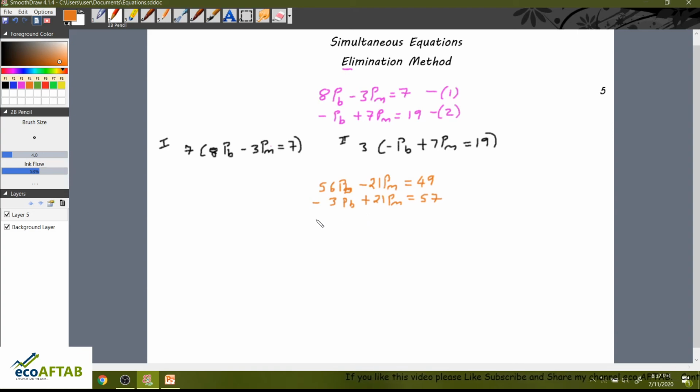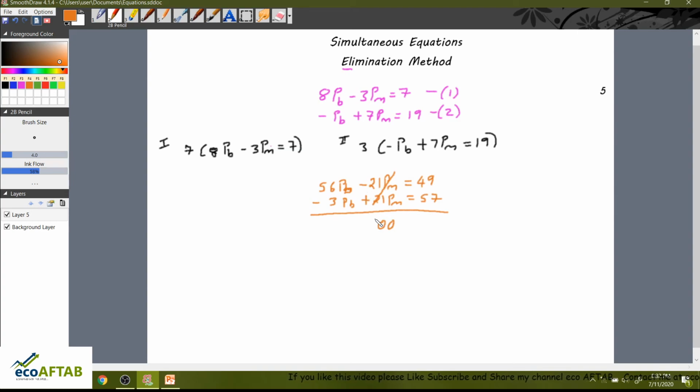Now when we are solving these two equations, we need to add up these two equations. In this case, you can see minus 21 plus 21, this gets cancelled because both are opposites.